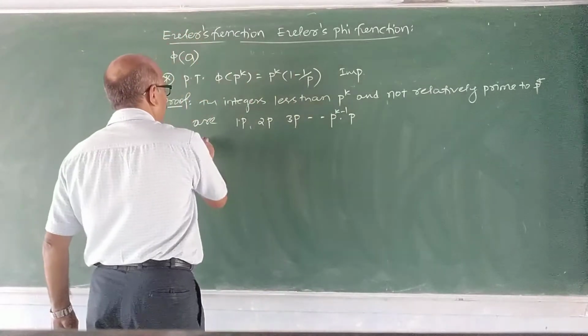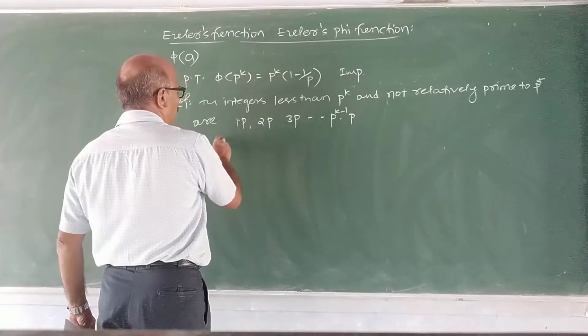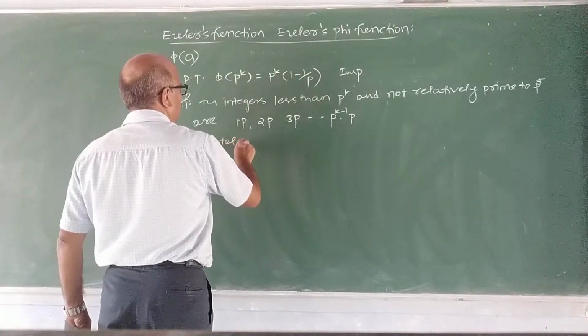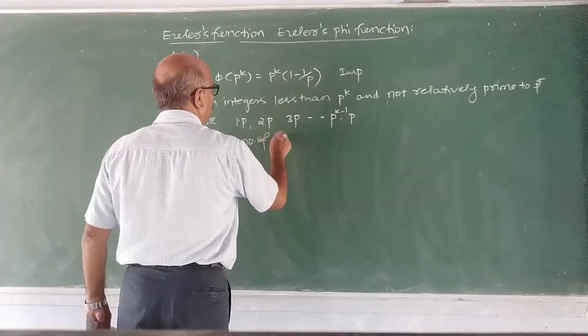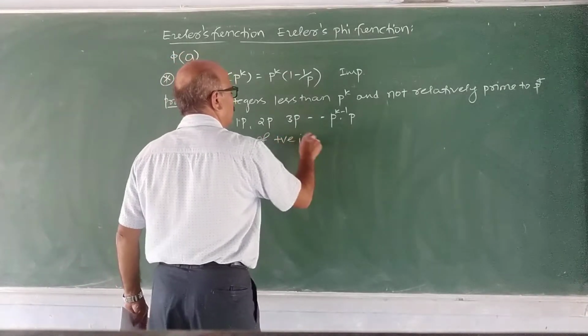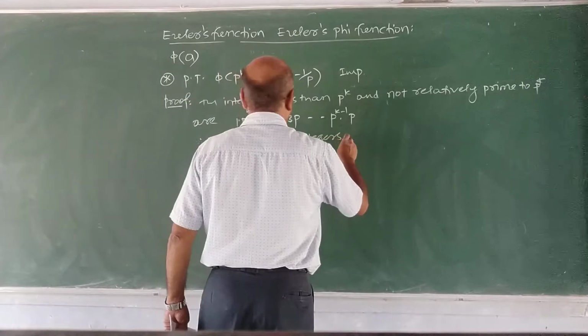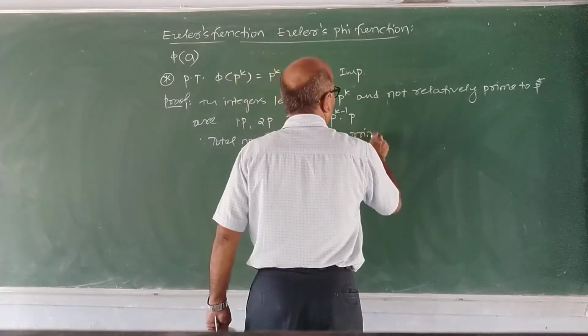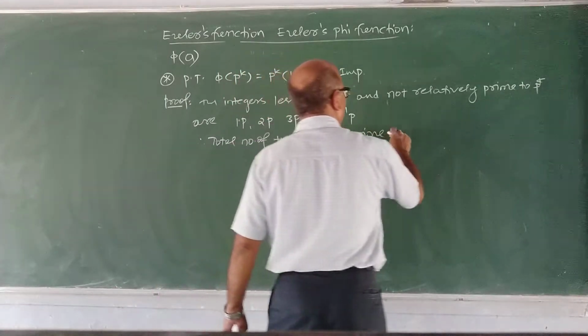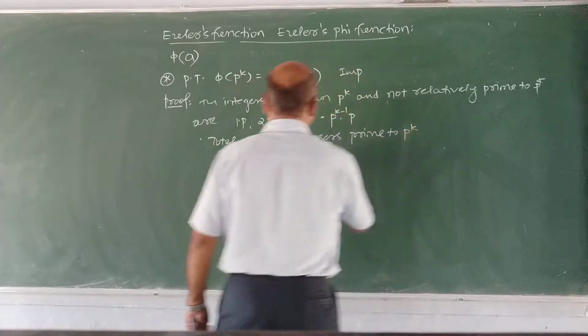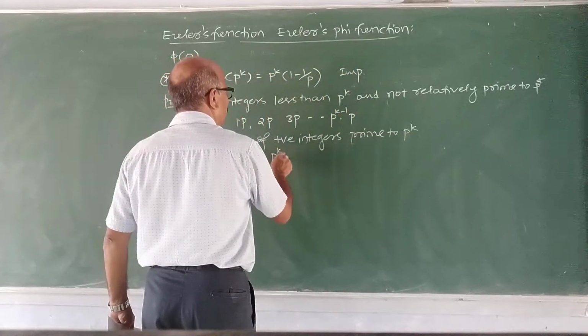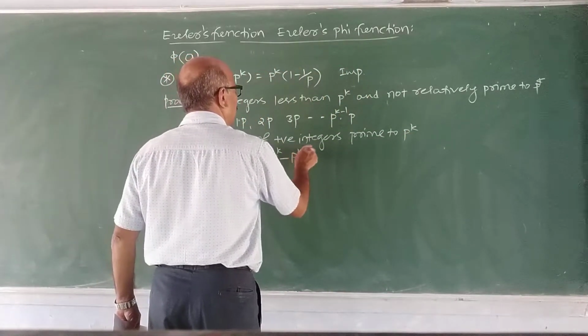Therefore, the total number of positive integers not relatively prime to P raised to K is P raised to K minus 1. How many are there? 1, 2, 3, and so on, up to P raised to K minus 1. So the total number of positive integers relatively prime to P raised to K is P raised to K minus P raised to K minus 1.